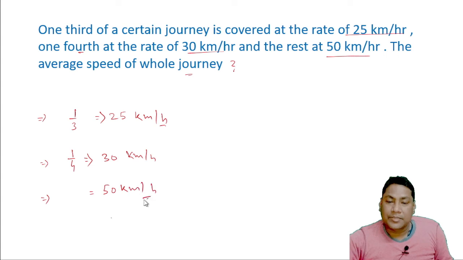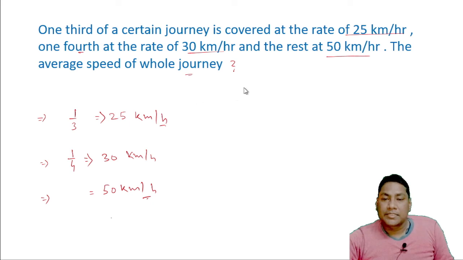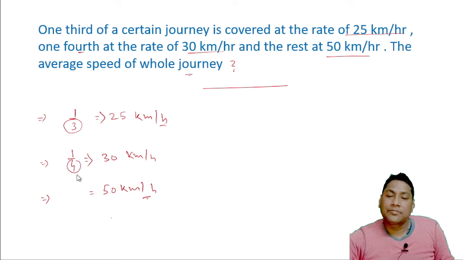Friends, for solving this type of problem, we will assume the total distance. For assuming the total distance, we will take the LCM of 3 and 4. The LCM of 3 and 4 is 12, and we can take 12, but it will become very fractional. We can take 120. For this case, we will take 1200 kilometers as the whole journey.